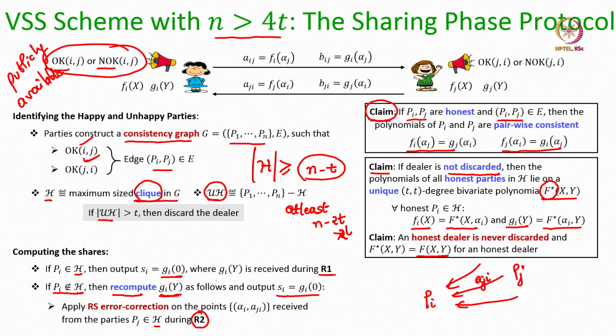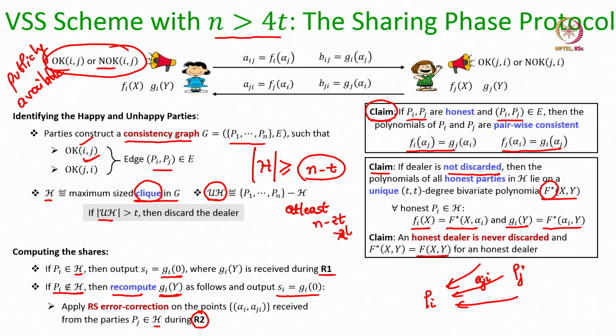It has been identified at the end of the third round. So, it may not be the case that all the parties are happy, some parties might be unhappy.